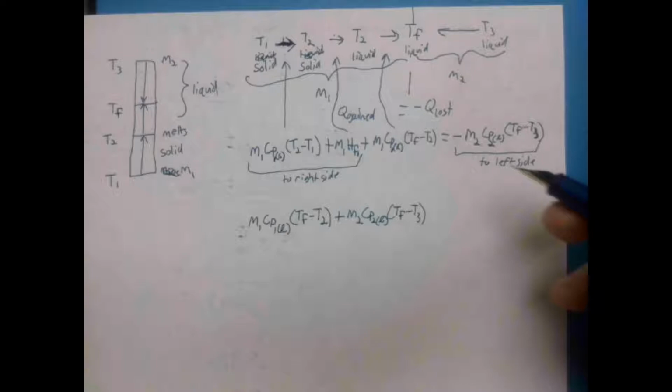FOIL these out. So M1 CP1 liquid times TF minus M1 CP1 liquid times T2 plus, now I'm going to FOIL this out, so M2 CP2 liquid times TF minus M2 CP2 liquid times T3.